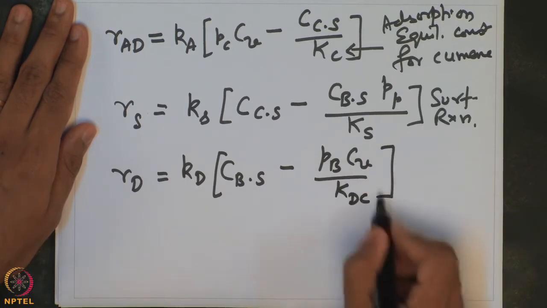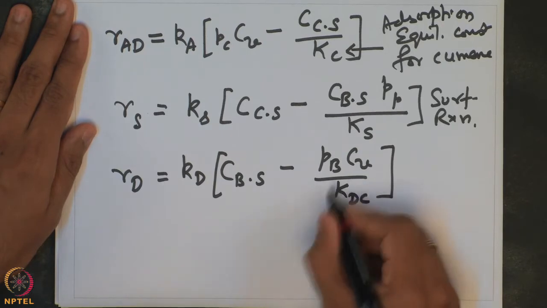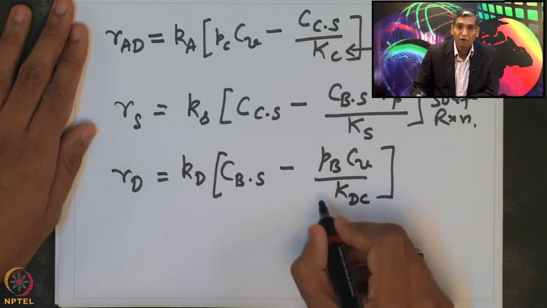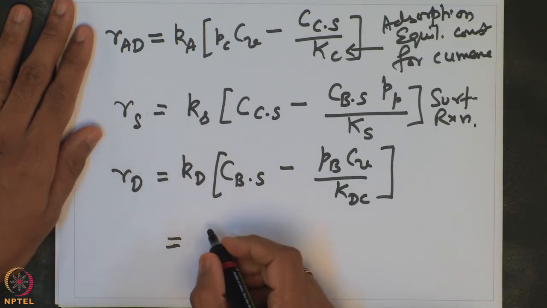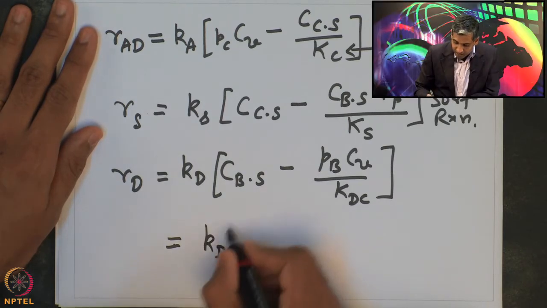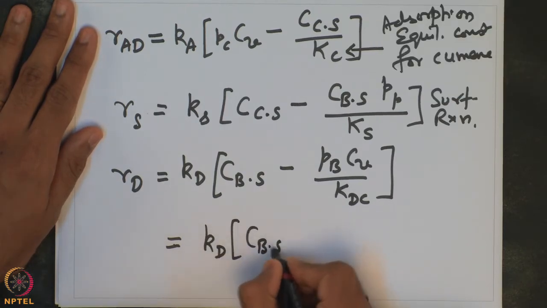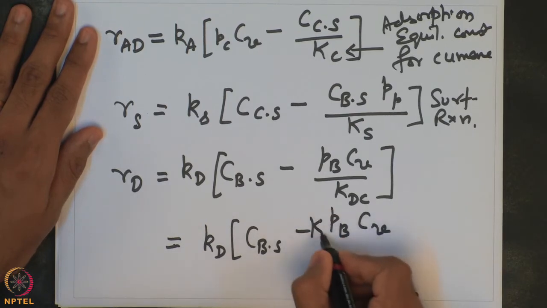This is the desorption equilibrium constant for benzene, and that is also equal to 1 by the adsorption equilibrium constant for the same species. Therefore, we can rewrite this rate as Kd times (Cb.S minus Pb Cv times Kb).